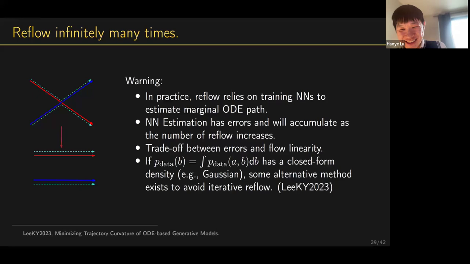So rectified flow has a special meaning: it specifically points to the fact that you do reflow, right? When you do reflow, you basically change the coupling, but in flow matching, you do not change the coupling. That's the only difference.